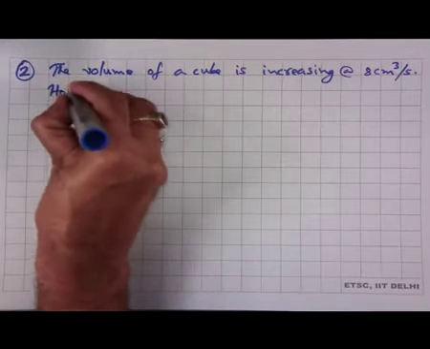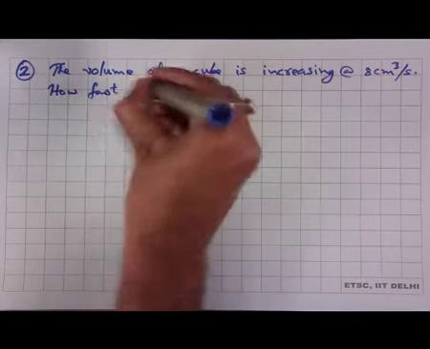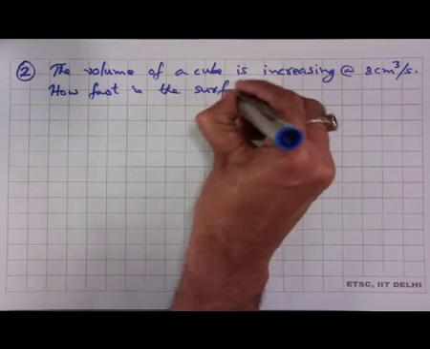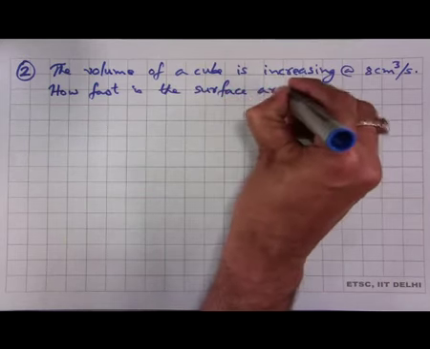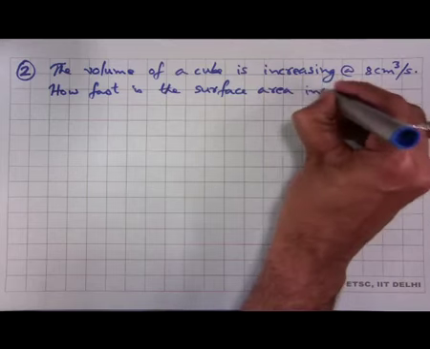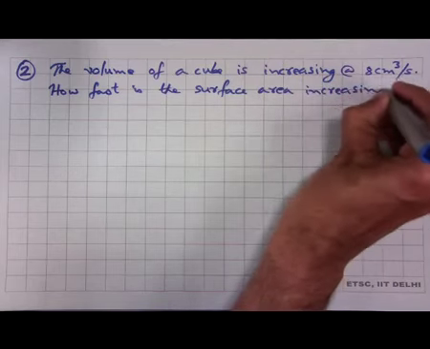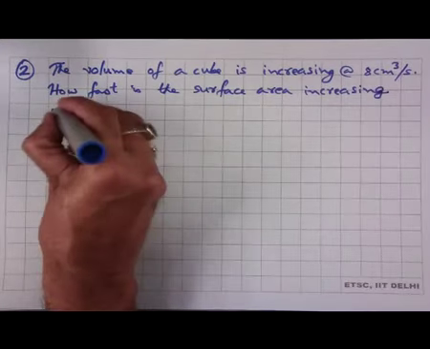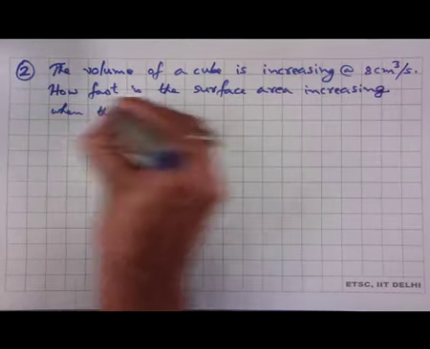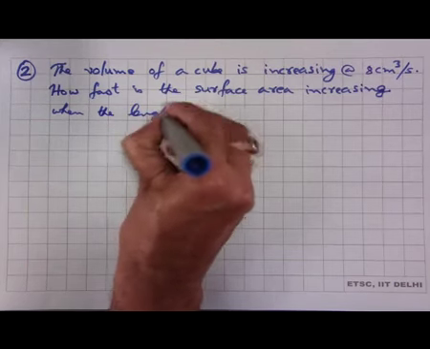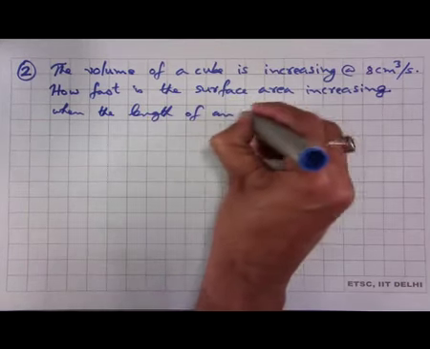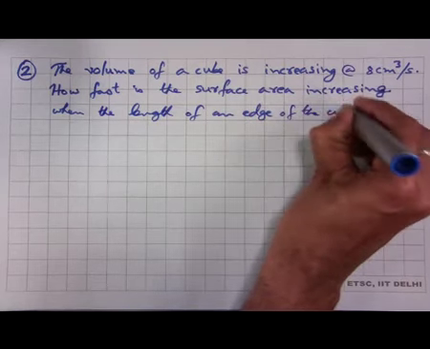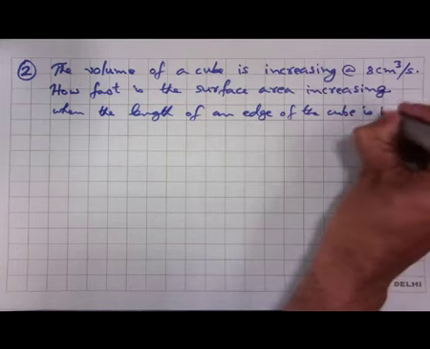Then the question is, how fast is the surface area increasing when the length of an edge of the cube is 12 centimeter.